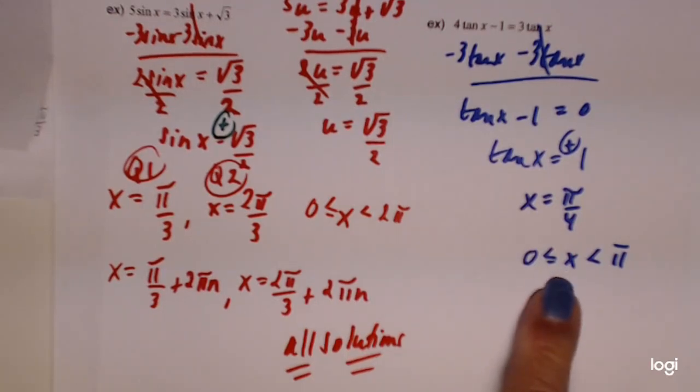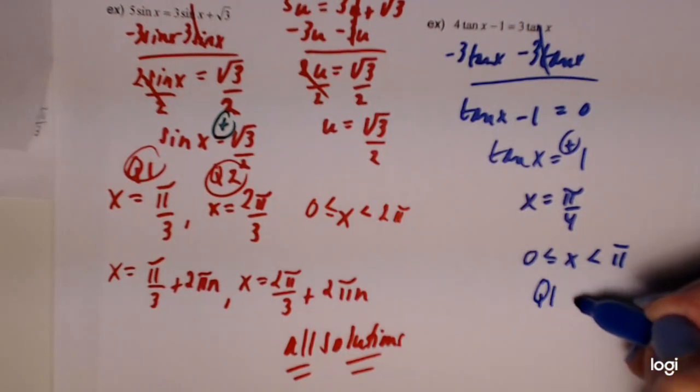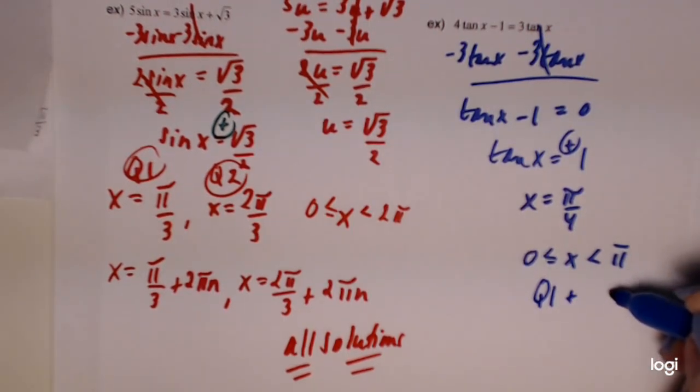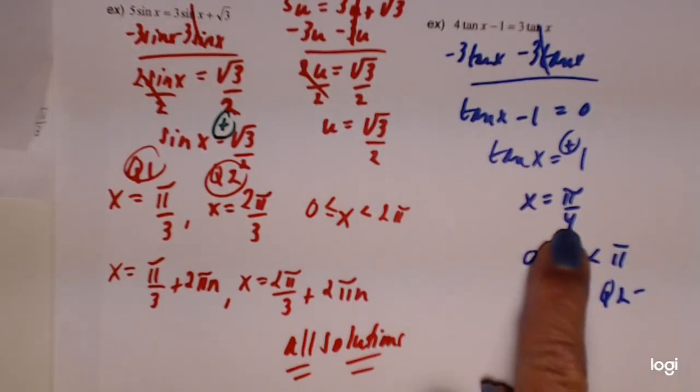If we consider between 0 and pi, in Q1, tan is positive, and in Q2, tan is negative. So in our normal period for pi, if our tangent is positive, we only have to look to Q1. So we get the pi over 4 and are done.